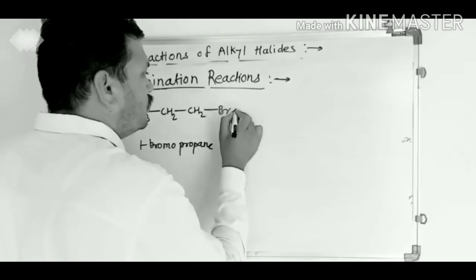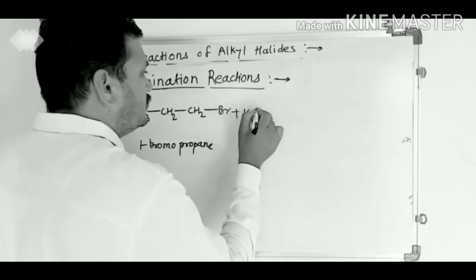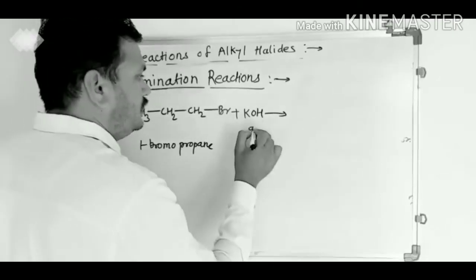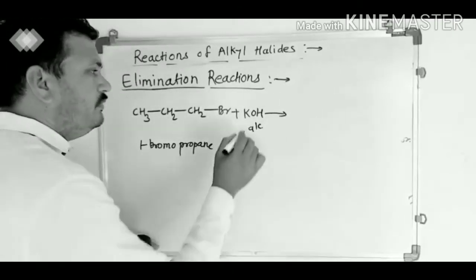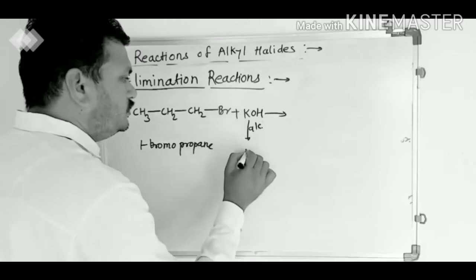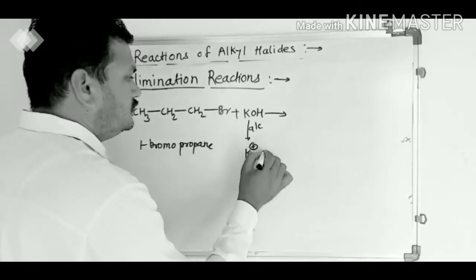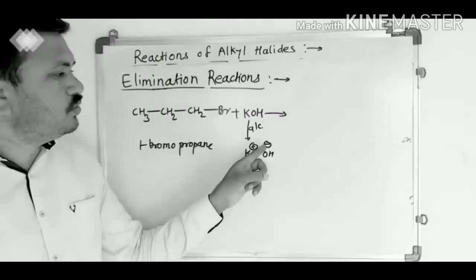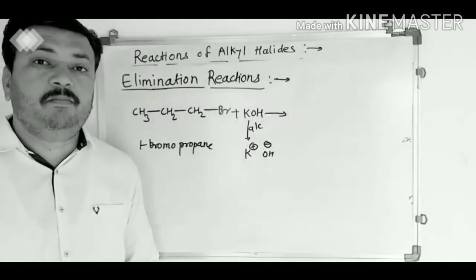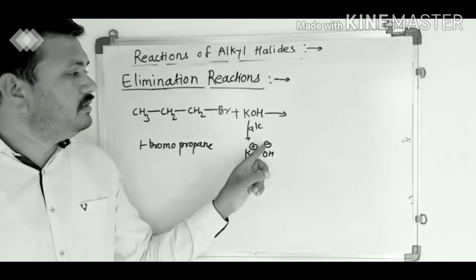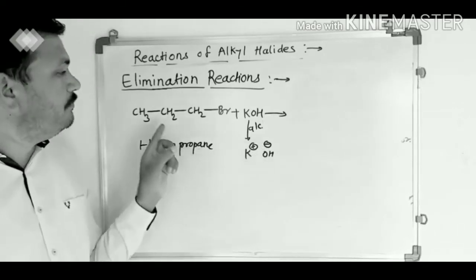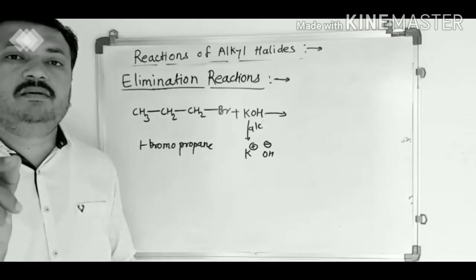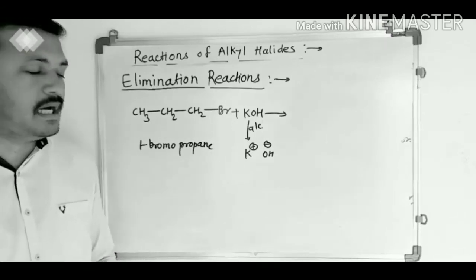When this 1-bromopropane is treated with alcoholic KOH, we know that dissociation of KOH gives K plus and this OH minus. Now this OH minus acts as a base and it abstracts the beta hydrogen atom, that means the hydrogen atom present on the beta carbon atom.